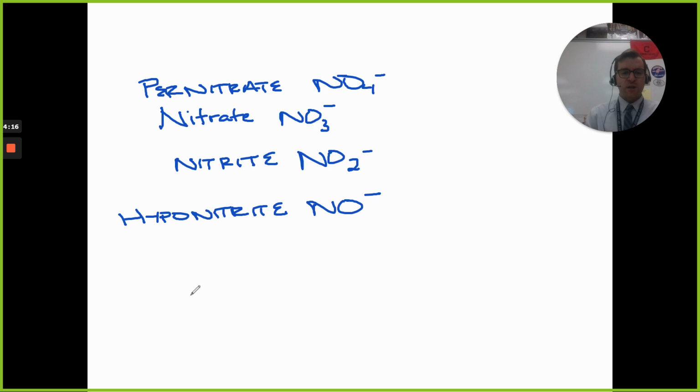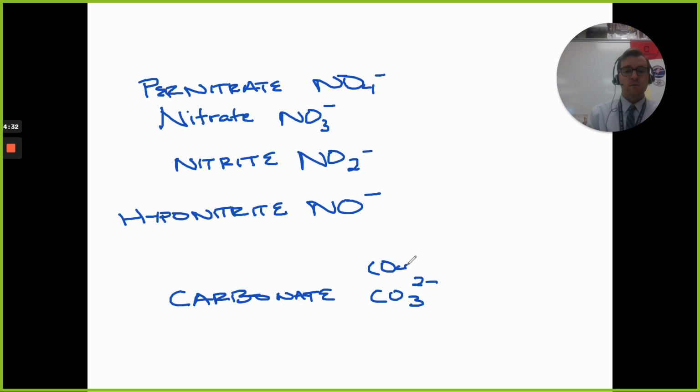Let me do this with another one. Let's take a look at carbonate. Carbonate we know is CO3 2 minus, but again, what can happen is we can change the number of oxygens. We can have one more oxygen. So it becomes CO4 with that same charge of 2 minus. We know if we add an oxygen, it's per in front.